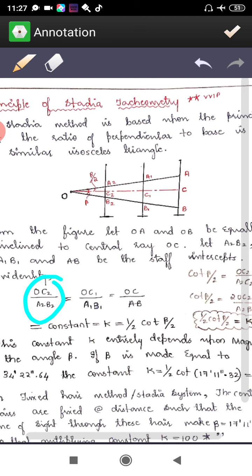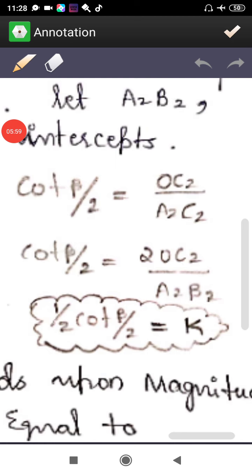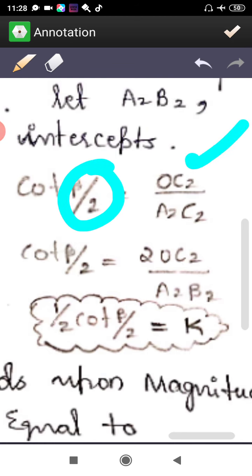OC2 divided by... See what trigonometrical function you can get here for this beta by 2. If you take beta by 2, what is going to be there? Now here I have shown that beta by 2 is OC2 divided by A2C2, right?